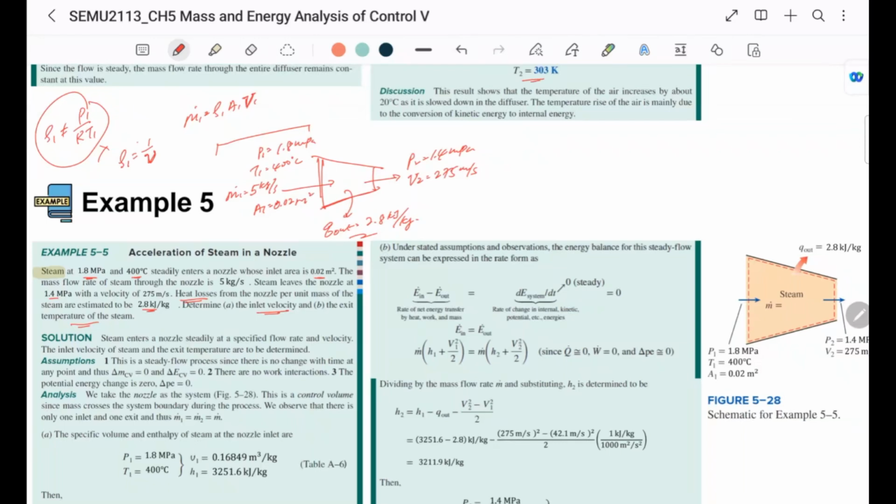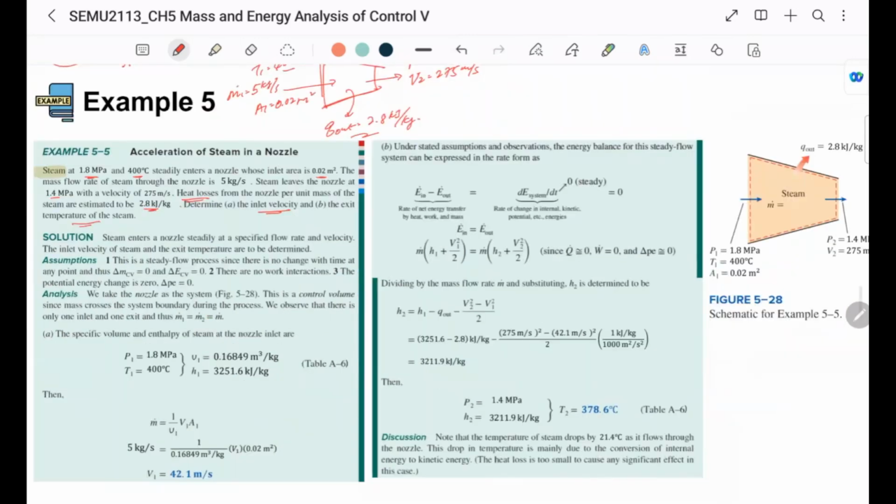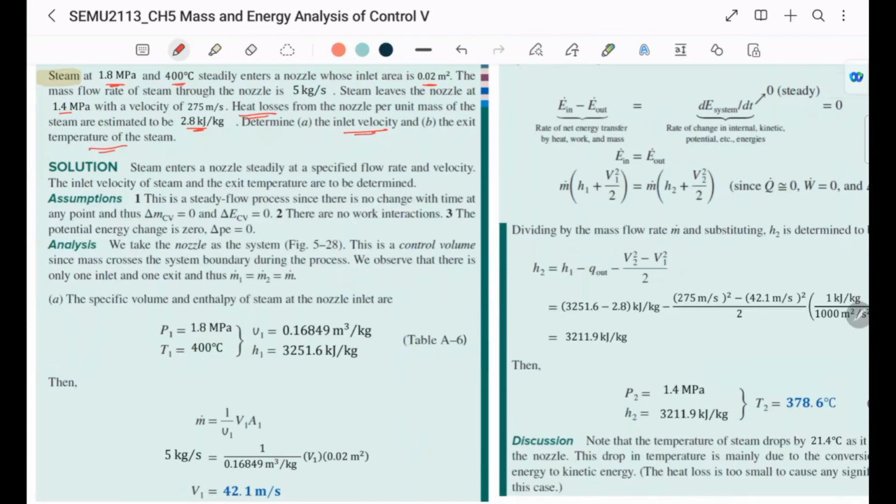First we need to find out the state of the steam. We have this pressure, we have this temperature, so if we look at the thermodynamic table, you will find the specific volume and specific enthalpy are these numbers. In fact, if you look at this pressure and temperature combination, you'll find that the steam should be superheated.